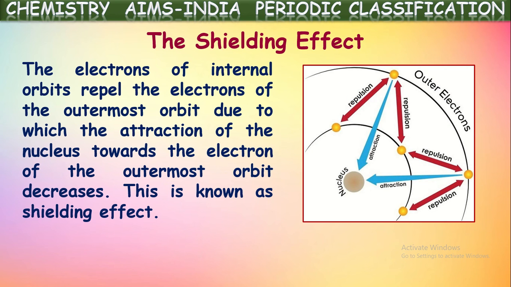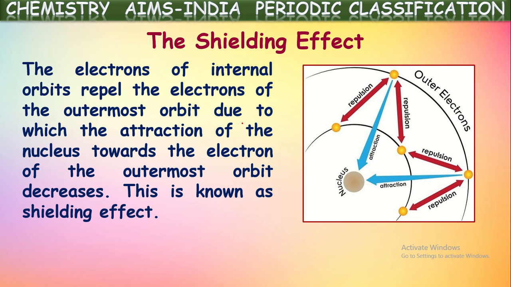Now let us see what this shielding effect is. We told that the lanthanoid size decreases from lanthanum to lutetium because of poor shielding effect. What does this shielding effect mean? The electrons of internal orbits repel the electrons of the outermost orbit, due to which the attraction of the nucleus towards the electrons of the outermost orbit decreases.